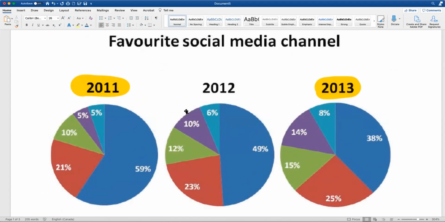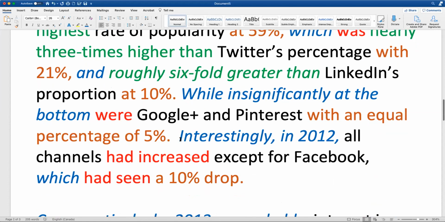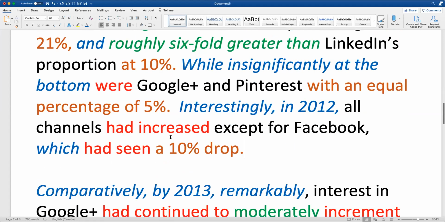As long as we can say one sentence that says everything like we did here, that would be good. But we don't have to. We can just say something that changes a lot that year. Go ahead, Michelin. Interestingly, in 2012, all channels had increased except for Facebook, which had seen a 10% drop.